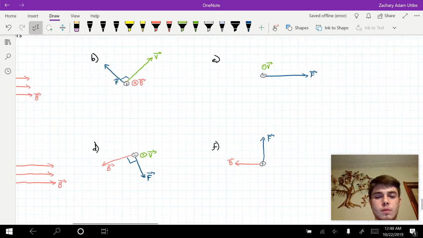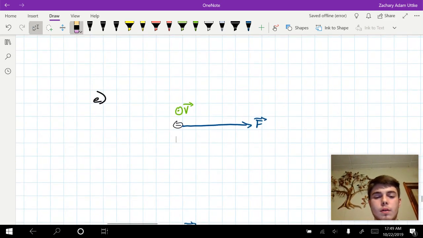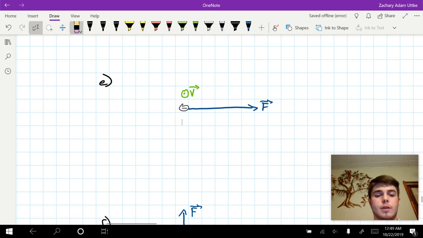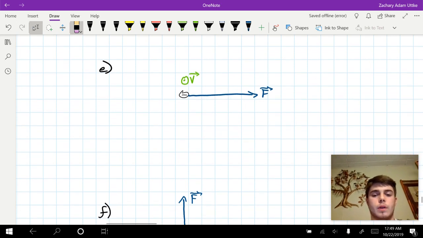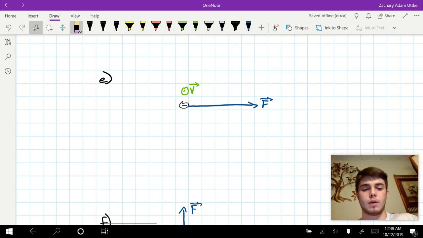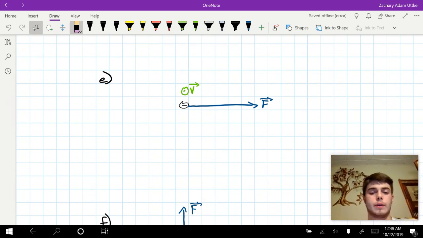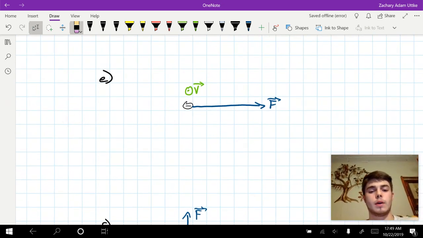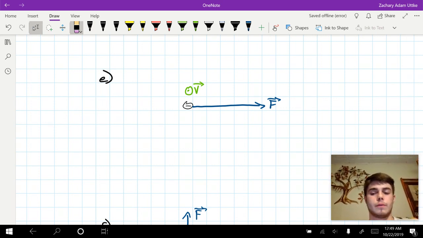Okay, so for part E, these last two are a little bit tricky because we're given force, but we're missing the other vector that we're used to being given. So we have a negatively charged particle here. Let's consider this. So the force is supposed to be coming out of the back of our hand rather than our palm.